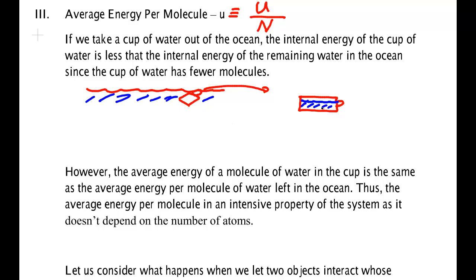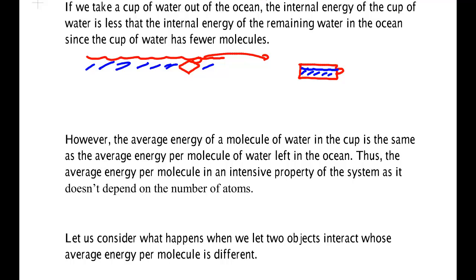But the energy contained in the cup of water, the internal energy of the cup, would be much less than the internal energy of the ocean, because there are a lot more atoms moving around with kinetic energy in the ocean than there is in my cup of water. So, although the temperature may not be very high, the ocean can contain a tremendous amount of energy, it turns out, because there are so many atoms. So, average energy per molecule is an intensive property.